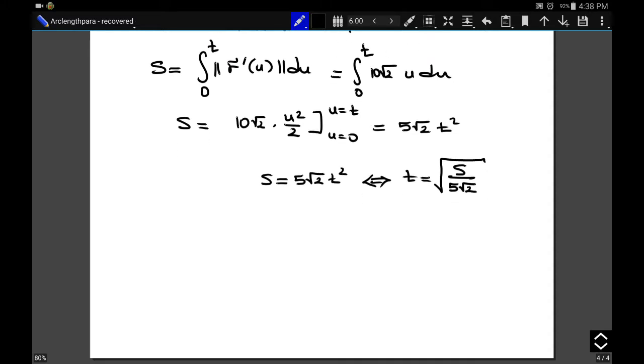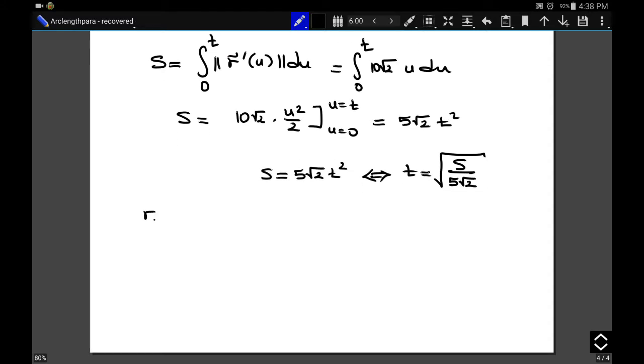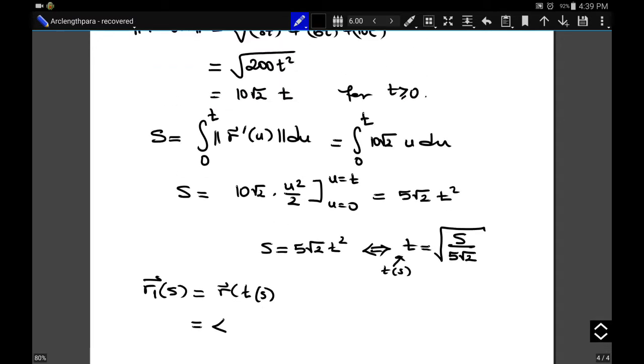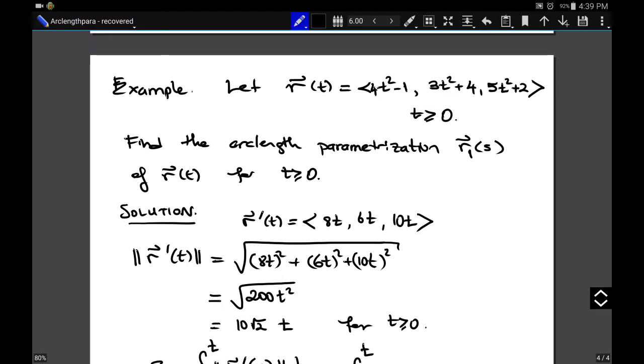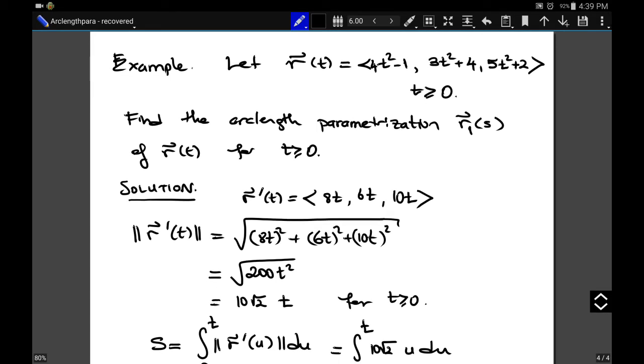In this case, r1 of s would be r of t of s, the same thing, t of s. And that would be, if I go back to my original parameterization, 4t squared minus 1, 3t squared plus 4, 5t squared plus 2.